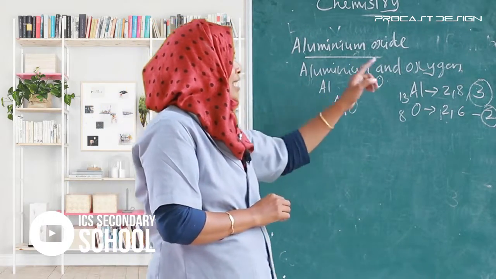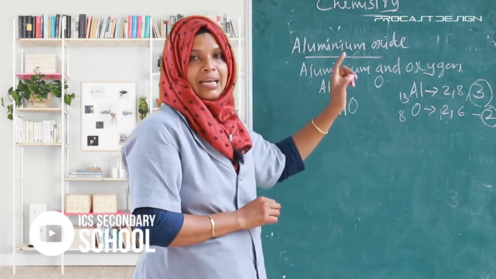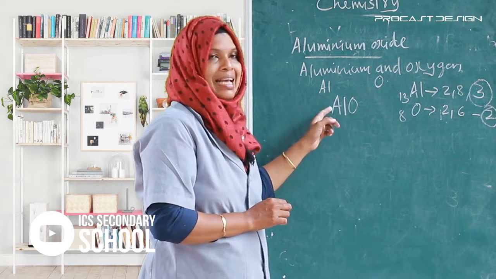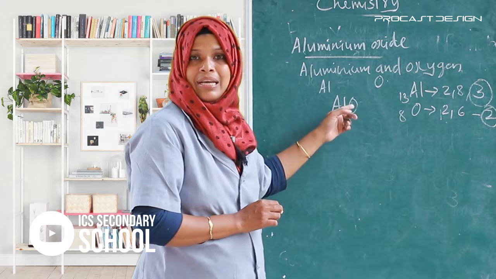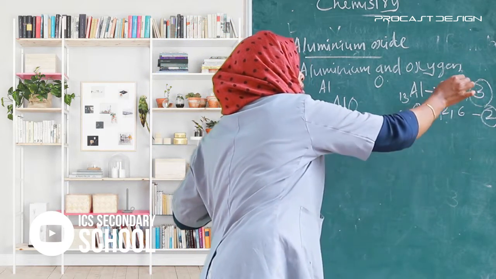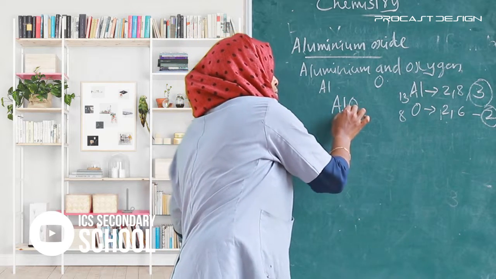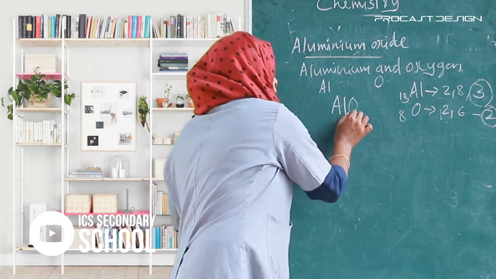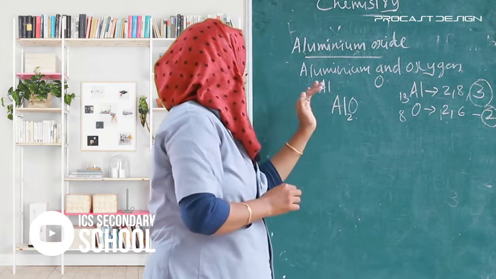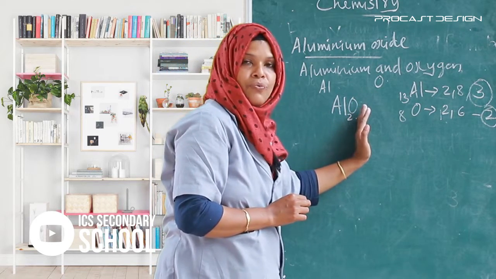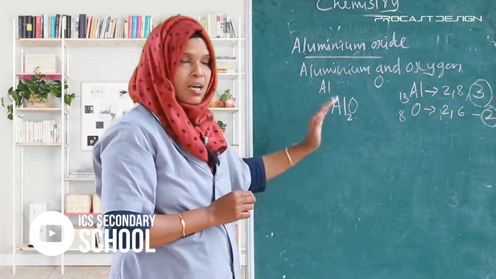Interchange the valencies and write them as the base index: the valency of oxygen goes to aluminum, and the valency of aluminum goes to oxygen.